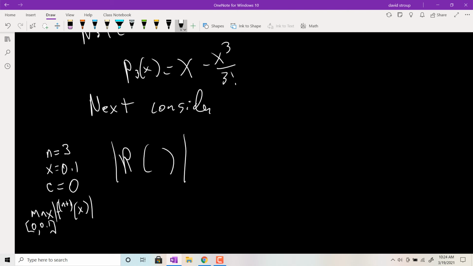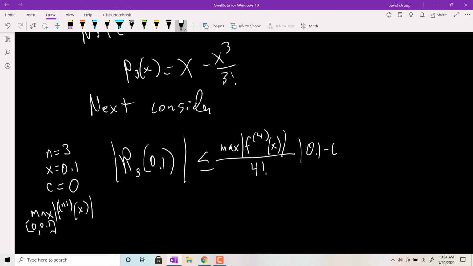Okay. So we have this one unknown we've got to worry about. But anyways, let's try to fill in the blanks here. So R sub 3 of x, where x is 0.1, is less than or equal to this thing we don't know, the max of the absolute value of the n plus first derivative of x, all over, n is 3, so this would be the fourth derivative, all over 3 plus 1 factorial, which is 4 factorial, times the absolute value of x minus c to the 4th power.